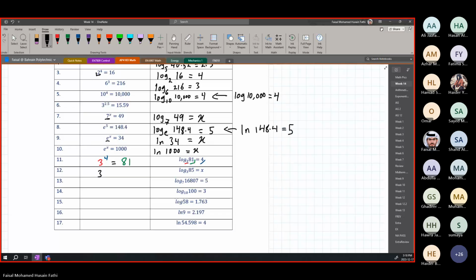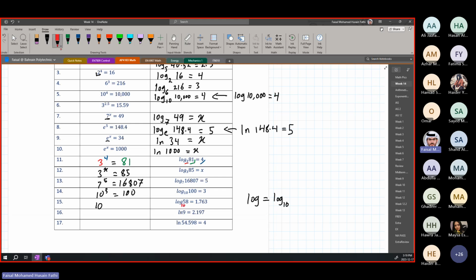Base 3 power x equals 85. Base 7 power 5 equals 16807. Base 10 power 3 is equal to 1000. In this case, because there is nothing next to the log, the base is 10, because log is equal to log base 10. So when you see that there is nothing in the base, that means it's the same as saying base 10.